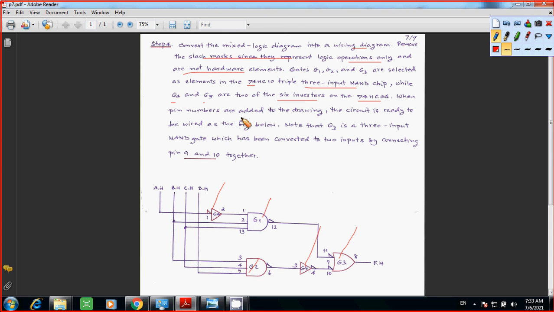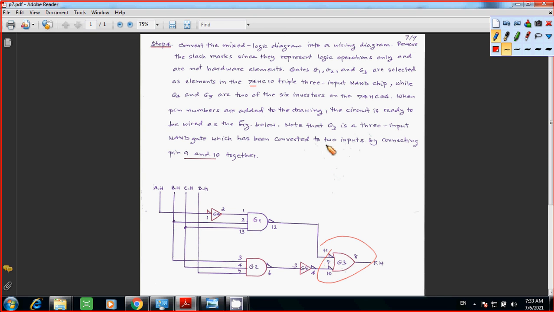When pin numbers are added to the drawing, the circuit is ready to be wired as in the figure below. Note that G3 is a 3 input NAND gate. So this is G3. Since your 74HC10 is the triple 3 input NAND chip, but this one you need only 2 inputs, right?